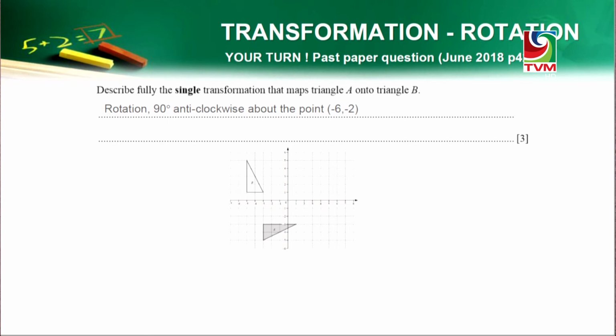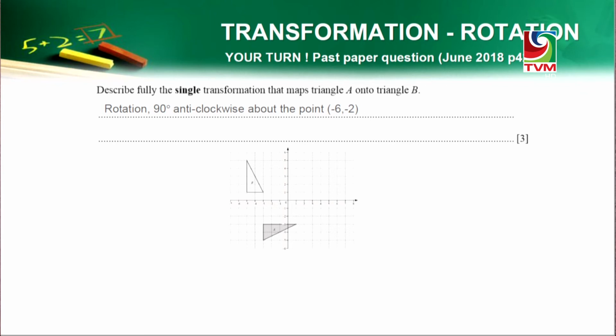Question says triangle A onto B, which means triangle A is the object and triangle B is the image. So it's moving from here to here. So we know that it is an anti-clockwise rotation.